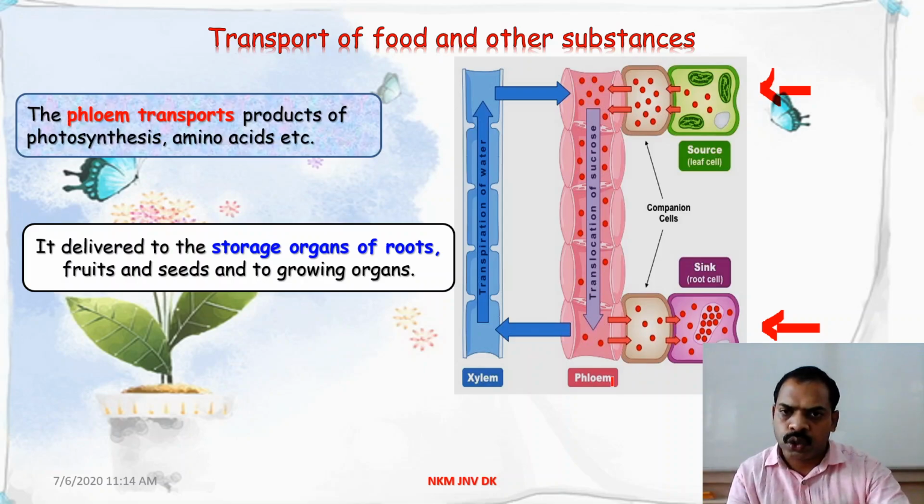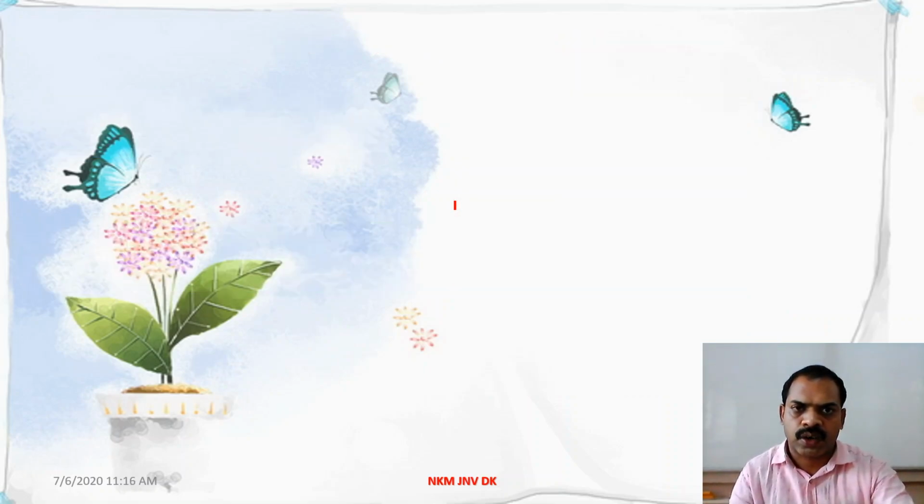And there the sucrose is converted into starch and stored. Okay, this is how the phloem transports. Let us see a little detail about that.